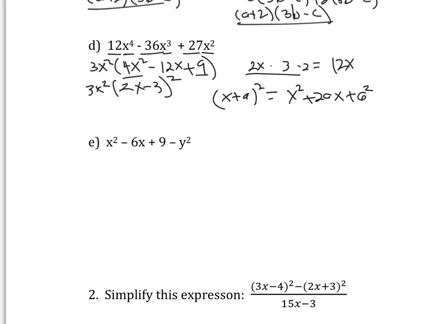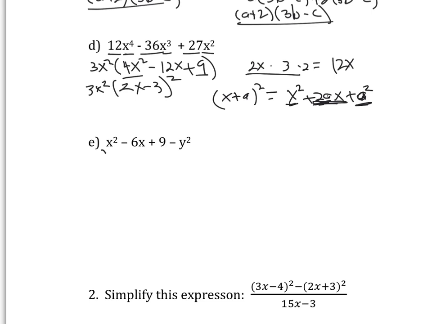Basically what that means is that if we know the middle, the x coefficient, we take half of it, which would be a, and square it to get this last term here. If we know the last term and the first term, we would take the square root of each, so x and a, so a times x, and double it to get the middle term. Okay, so that's a factorization pattern you should be familiar with.